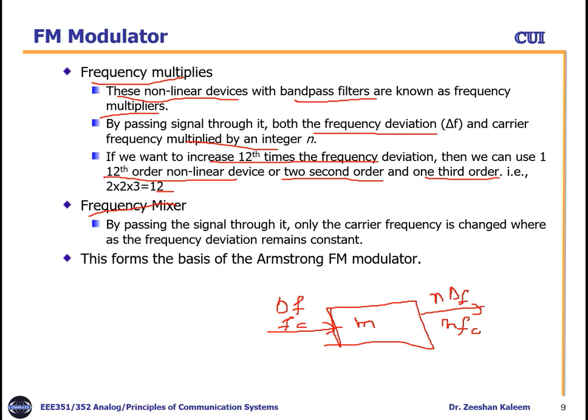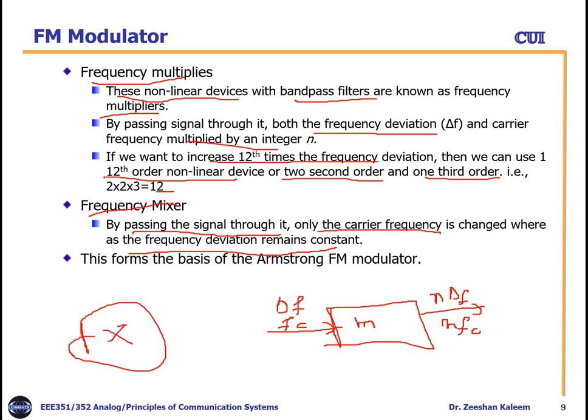The other is the frequency mixer. The main difference between the frequency multiplier and the frequency mixer is that when you pass the signal through a frequency mixer, only the carrier frequency changes, while the frequency deviation remains constant. For example, this is our mixer, right?